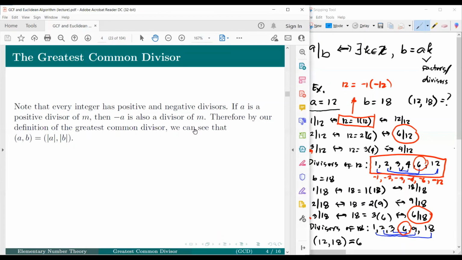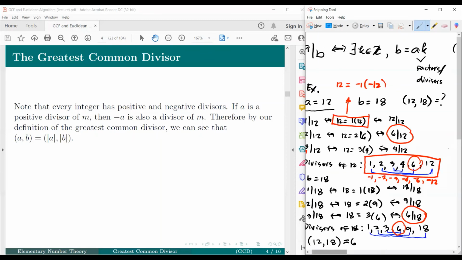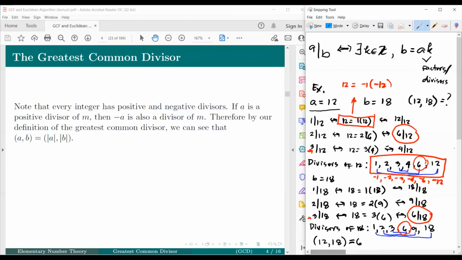Using the definition of the greatest common divisor, we can see that this is true. Say, for example, we have negative 12 and negative 18, and we are to look for the greatest common divisor. Take note that the divisors of negative 12 and 12 in our previous example are the same.